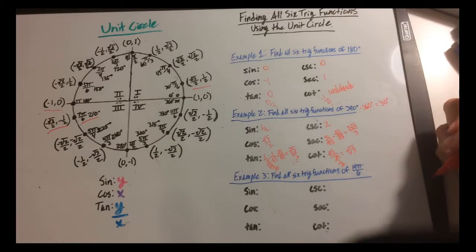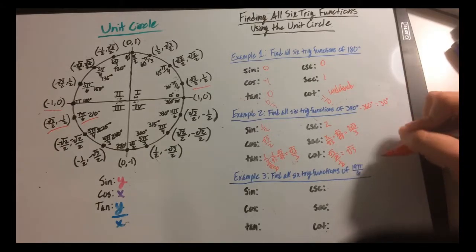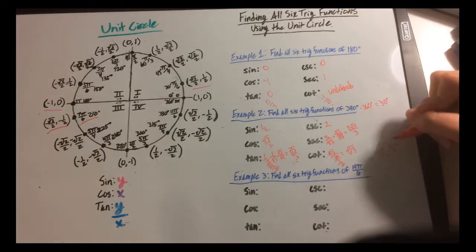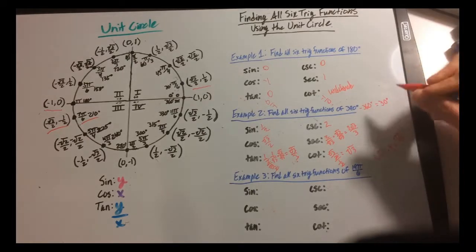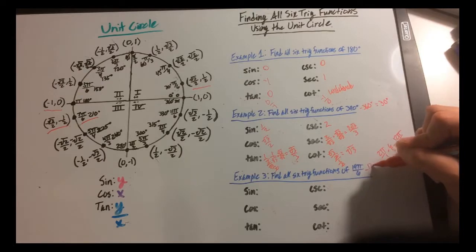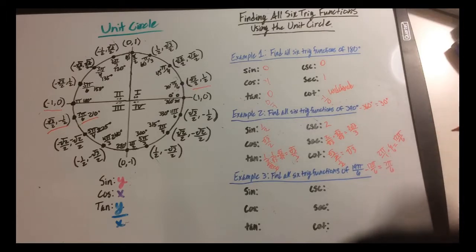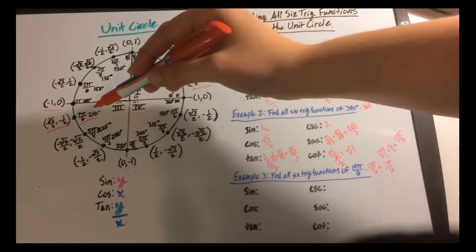However, 2 pi does not have 6 on the denominator, so we multiply 2 pi over 1 times 6 over 6 to get 12 pi over 6. So we subtract 12 pi over 6 from 19 pi over 6 to get 7 pi over 6, which is located right here on the unit circle.